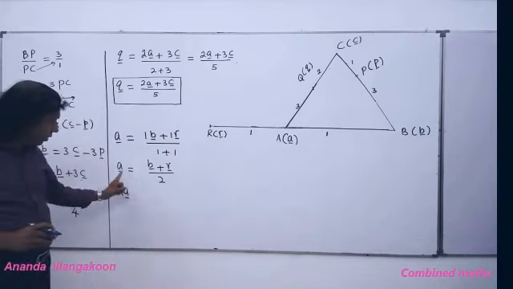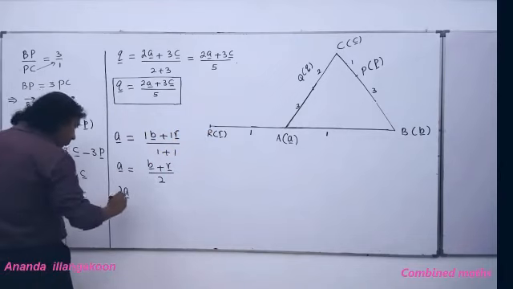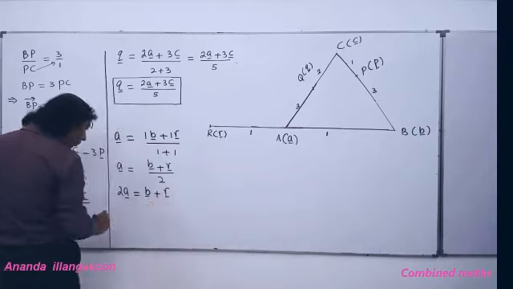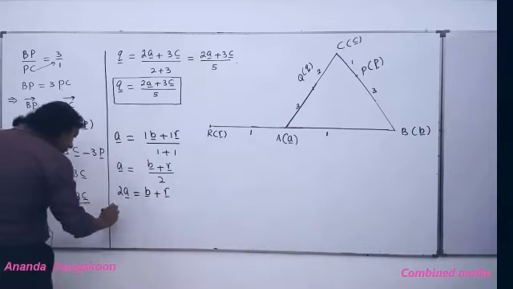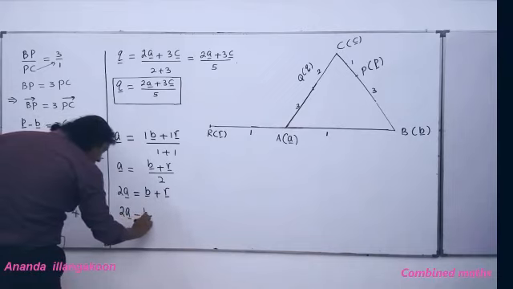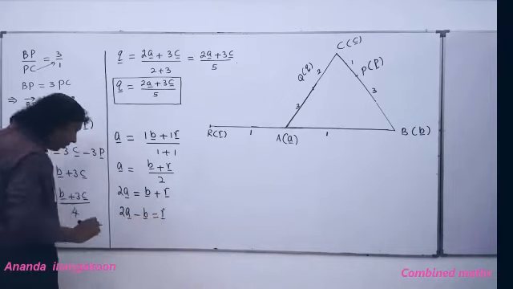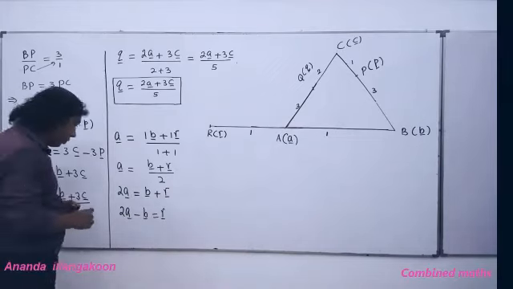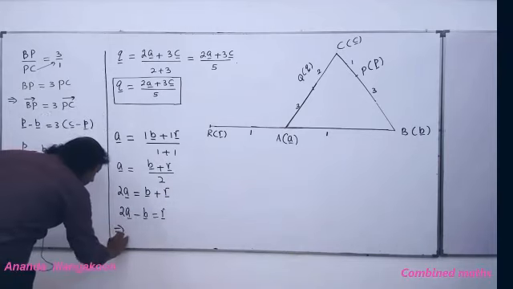Cross multiplication: 2a equals b plus r vector. Then take this to this side: 2a vector minus b is equal to simple r vector. So therefore, this implies what, people?